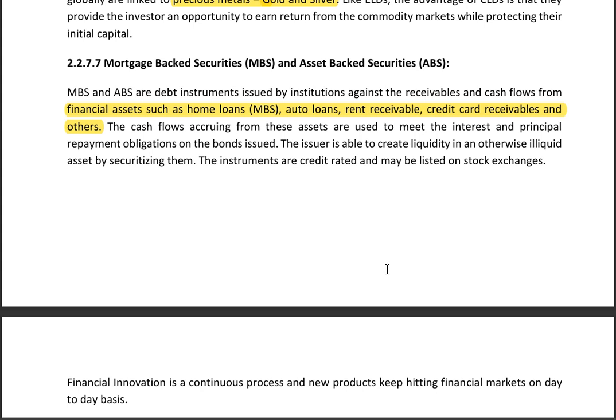It is a combination of home loans, rent receivables, credit card receivables, etc. In simple terms, a bank lends money for different purposes, for home, for credit card loan, for personal use, etc. So it is the combined home loans from different people. You will get interest and principal directly from the borrowers, where the bank acts as the intermediary.